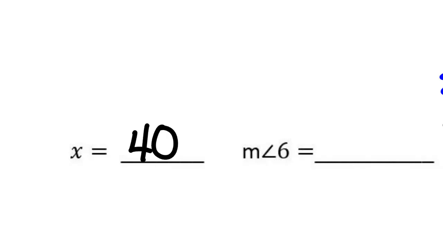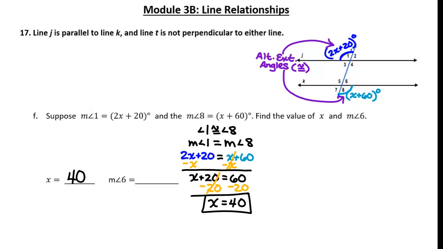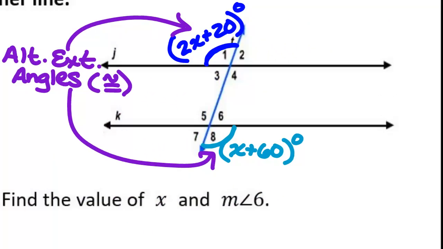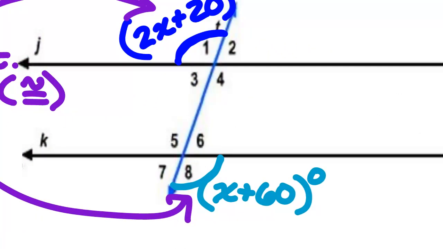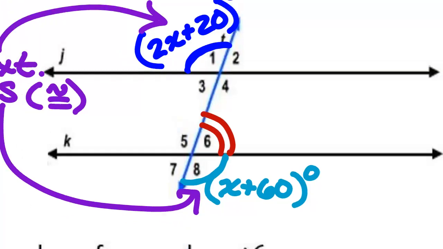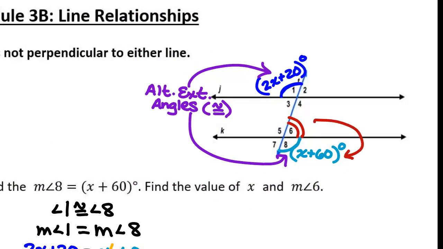And then they want me to find the measurement of angle 6. Well, here's angle 6. What do we call this angle pair right here? What's the angle pair for 6 and 8?